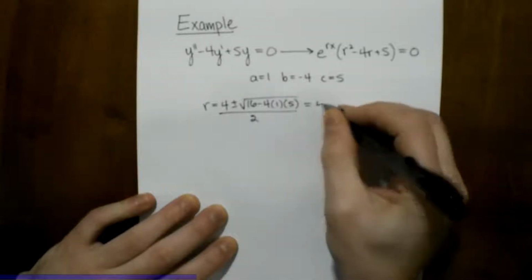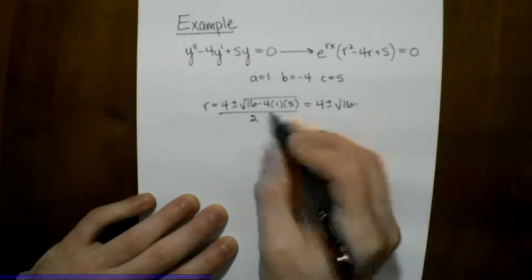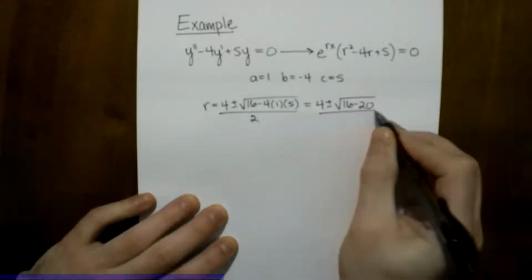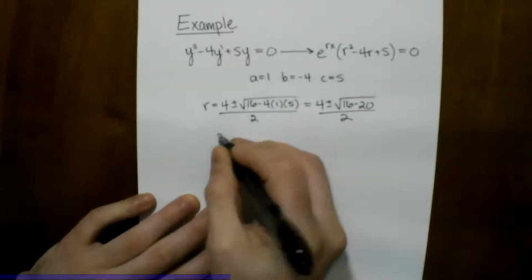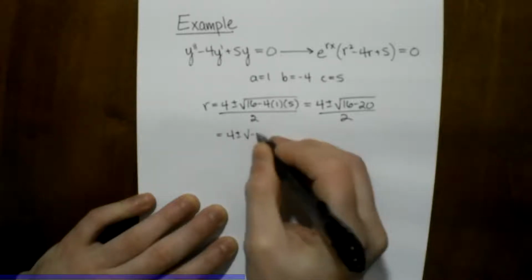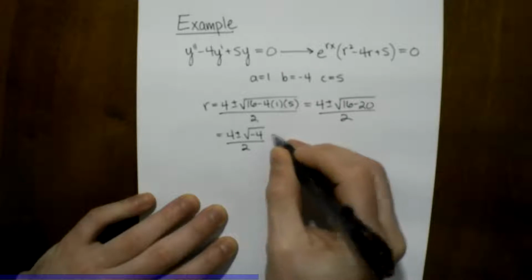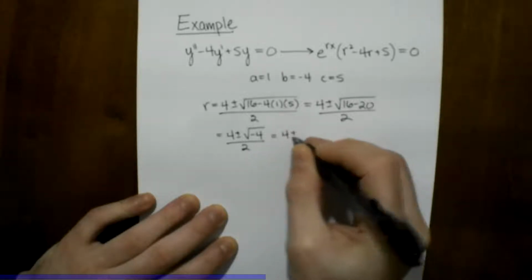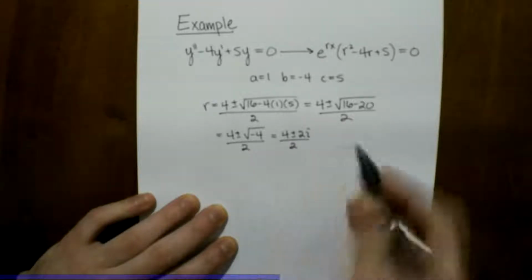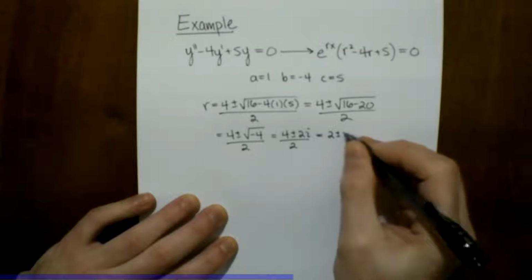And simplifying, we have 4 plus or minus the square root of 16 minus 4 times 5, which is 20, all over 2. And further reducing, we have 4 plus or minus the square root of negative 4, all over 2, or 4 plus or minus 2I over 2. And we can kill this 2 in the denominator and just write this as 2 plus or minus I.